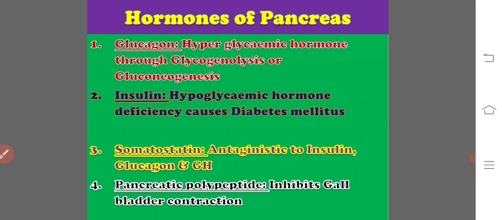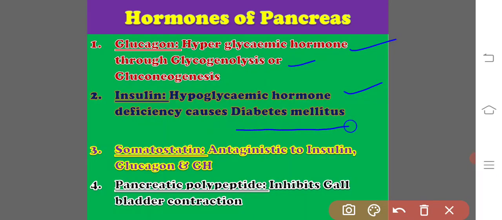As we just discussed, glucagon is a hyperglycemic hormone, acting through glycogenolysis or gluconeogenesis. Insulin is a hypoglycemic hormone, and the deficiency of insulin causes diabetes mellitus.